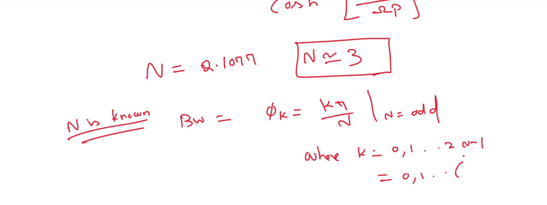N is 3, so 2 into 3 is 6, minus 1 is 5. So k is equal to 0, 1, 2, 3, 4, 5.